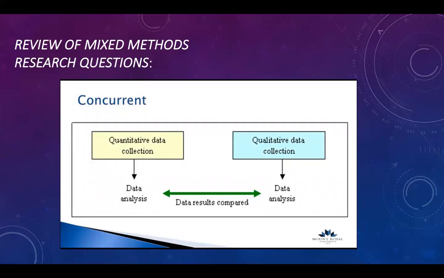Here is a little picture of what concurrent mixed methods might look like. We have our quantitative data collection on the left, we have our qualitative data collection on the right, and those results might be compared and contrasted to be able to answer our research question.